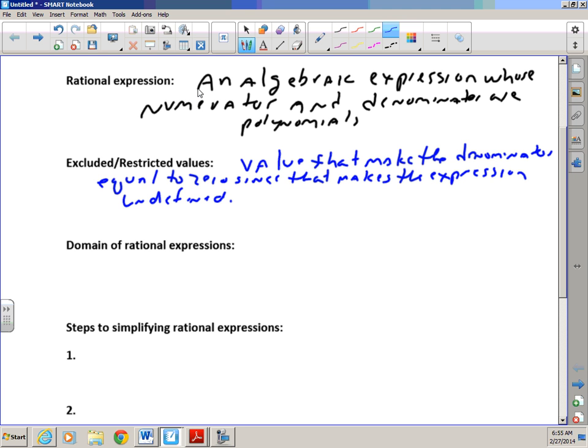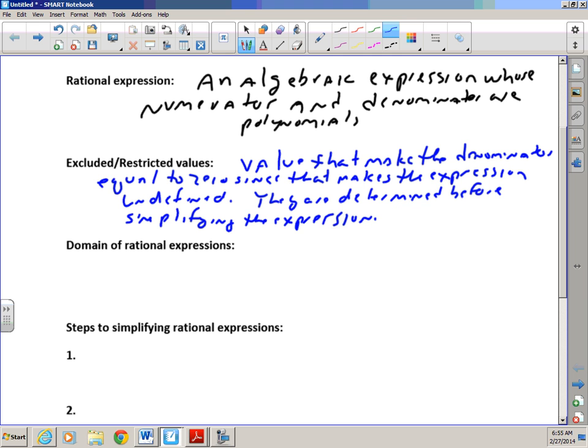The key is they are determined before simplifying the expression. And when we go through examples, you'll see what I'm talking about.